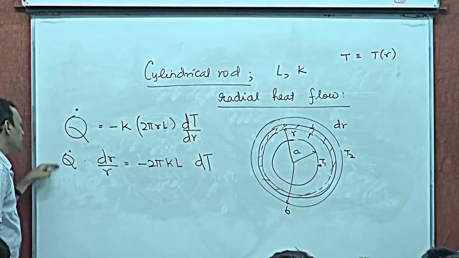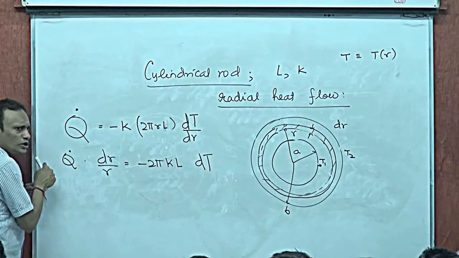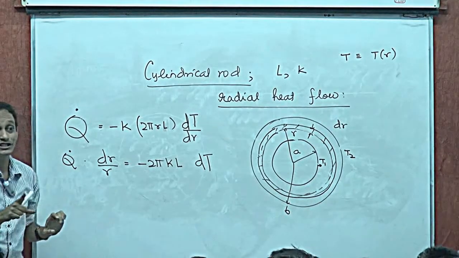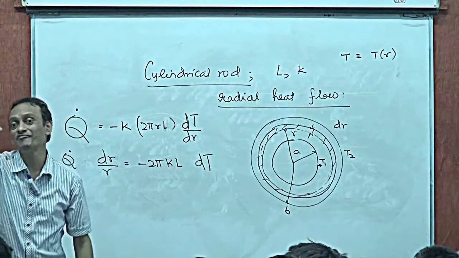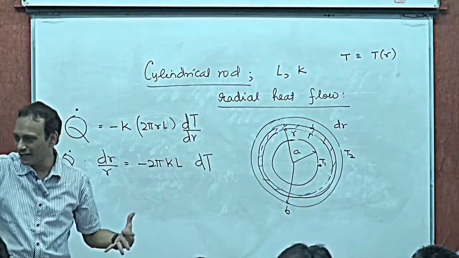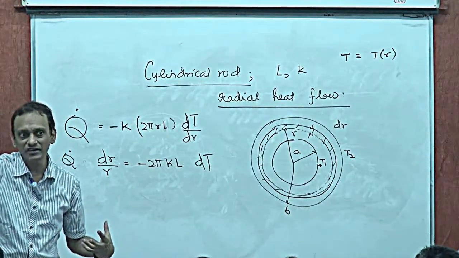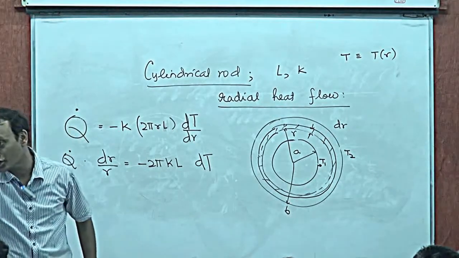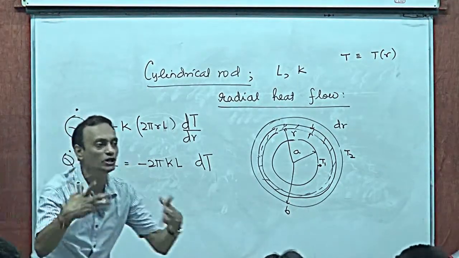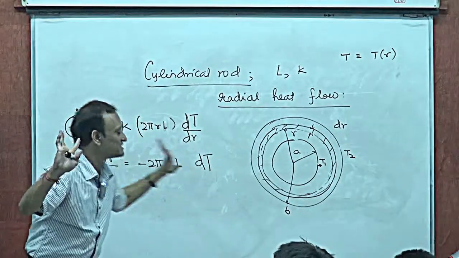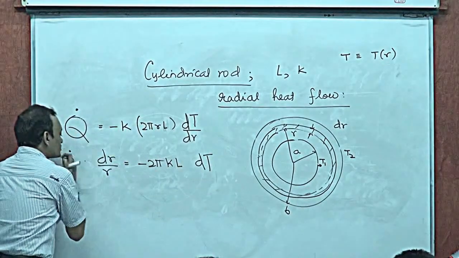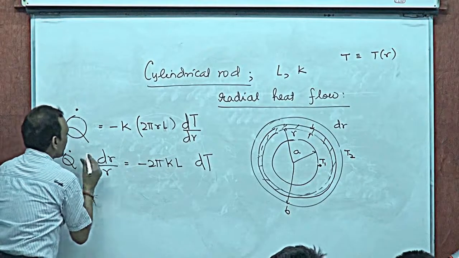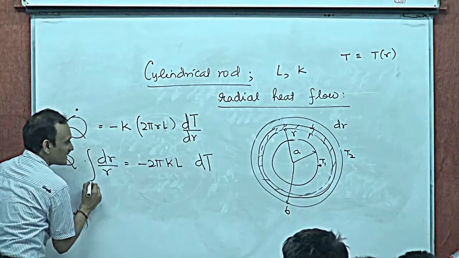Interesting, when I integrate both sides, can I take this Q dot out of the integral sign? Yes, because Q dot is the same for all r. The heat current, the watts entering a given cross section, will be the watts that leave the cross section and enter another cross section. So the watts associated with all the cross sections is going to be the same, right? So I can take Q dot out and then integrate.